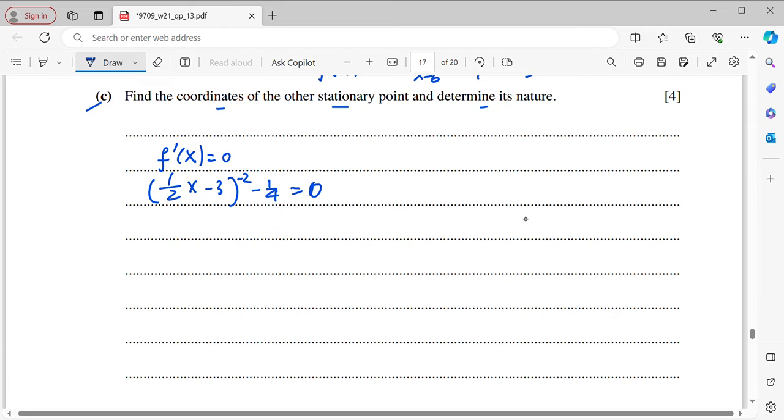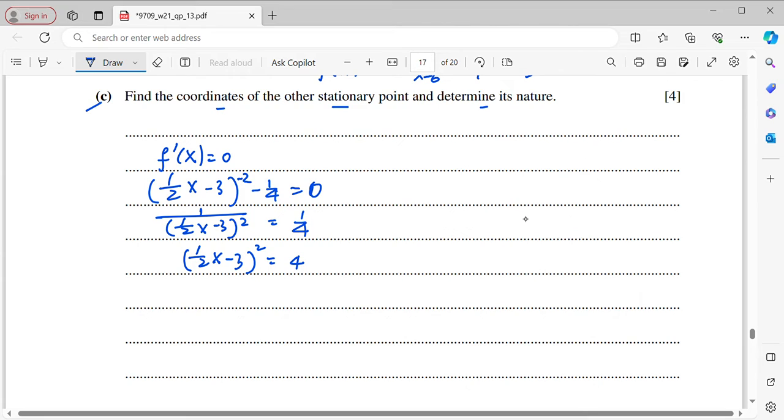First of all, the negative 1 over 4 will be moved to the right side. At the same time, the power negative 2 I will move down. So I will write 1 over, and when you compare, the denominator will be equal. So (half x minus 3) to the power of 2 equals 4.